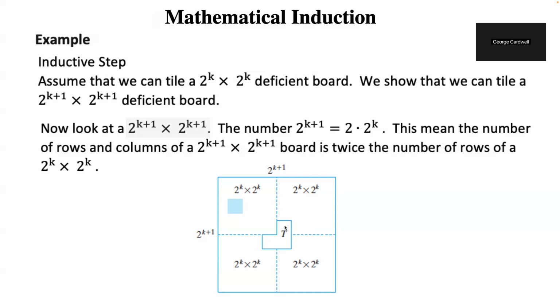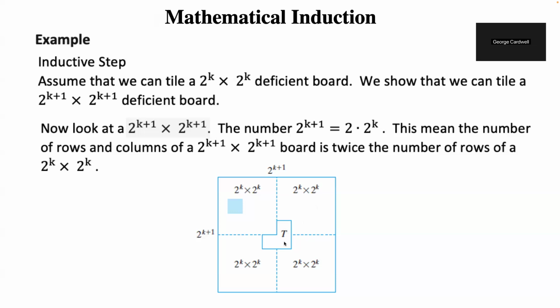Covering one square in this upper right corner is essentially removing it, and then you know that the remaining squares in the upper right corner can be covered with trominos because of our assumption. Same thing with the one down here.